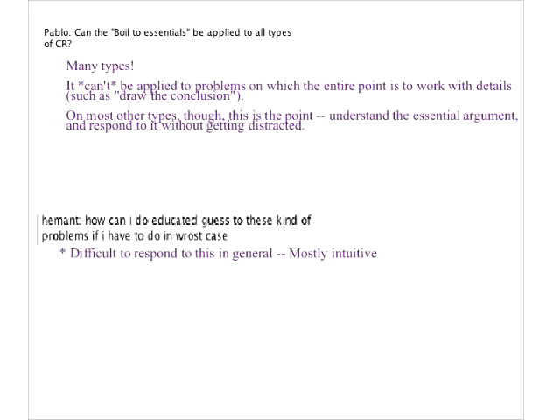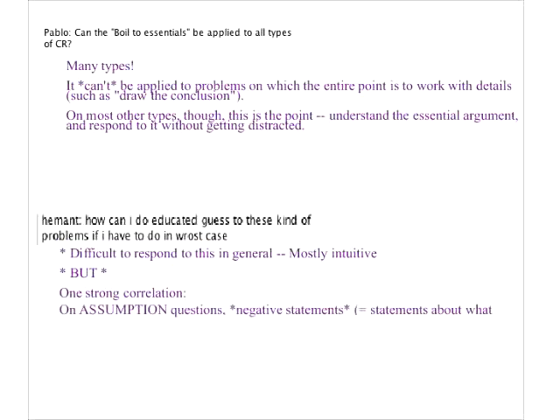There's not going to be a lot of hard rules, but the one thing that I've found is one pretty strong correlation: on assumption questions, negative statements, which means statements about what is not true or about what didn't happen, are correct proportionately more often.